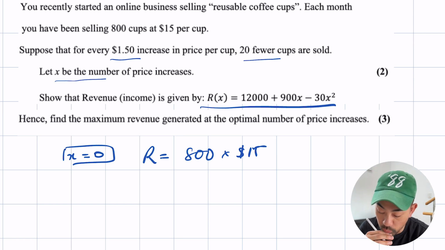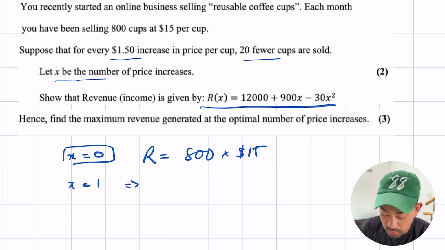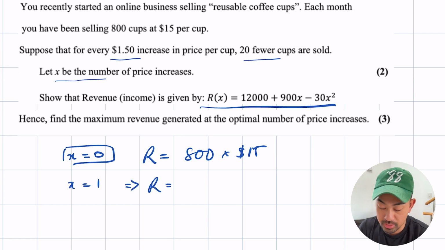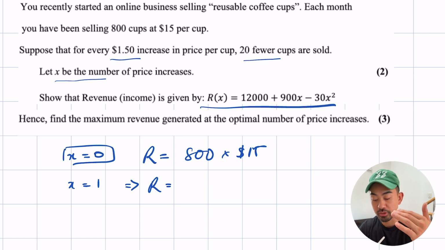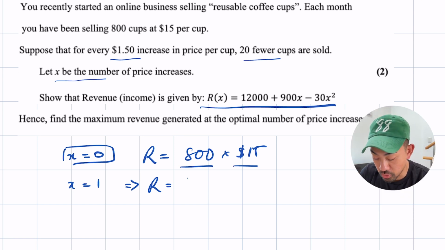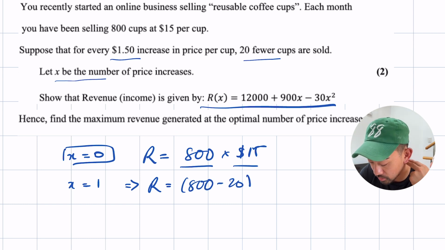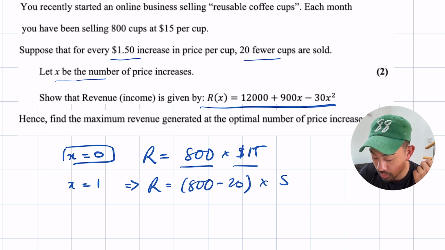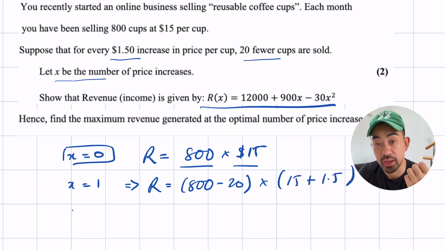Now, what happens when we start introducing X equals 1? Well, I know that according to this, for every $1.50 increase, 20 fewer cups are sold. So straight away I can make a connection here. For every 1 increase, there's going to be 20 fewer cups sold. So that's going to be 800 minus 20, times $15 plus 1.50, and this is for X equals 1.